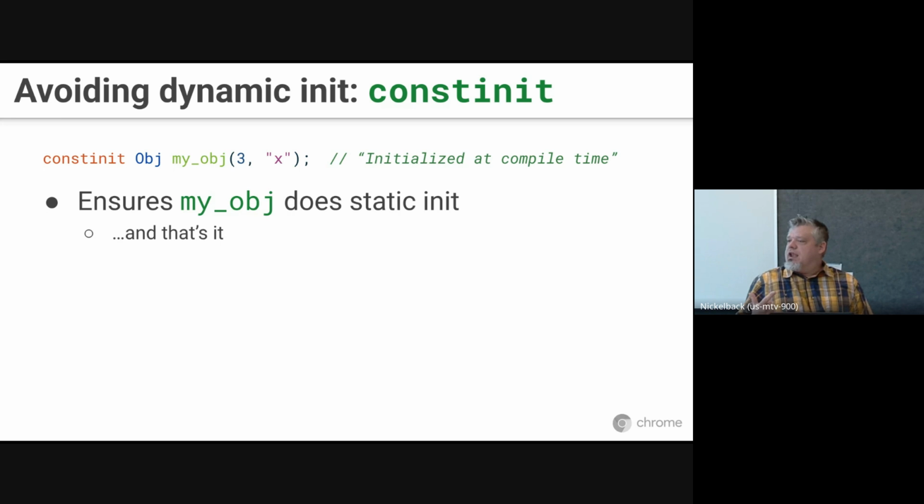And there is actually one nice thing that this does, which is if this is a thread local, it tells other users of the thread local, hey, this is already initialized. You don't need to worry about checking a guard variable to make sure that it's been initialized correctly or not. That's sort of a minor detail, but this is part of why our style guide says you have to use constinit on thread locals, just in case you ever run into that and wonder what that's all about. So the semantic of this isn't so much this is a constant, it's just this is initialized by program start.